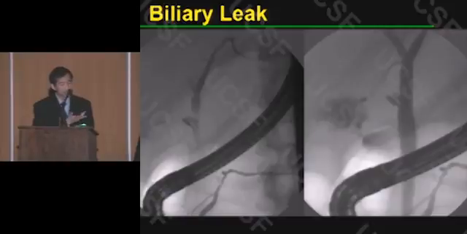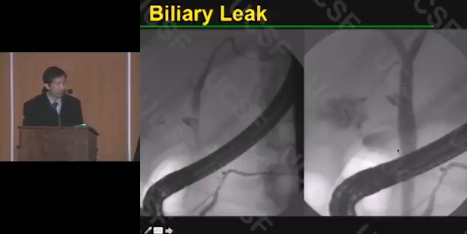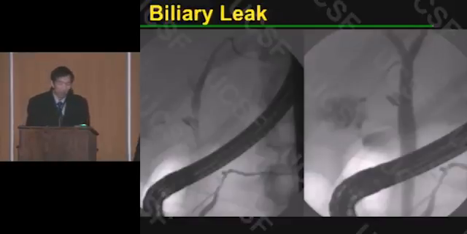And this type of leak can be treated with stenting or, in unusual cases, just put a bile duct stent across and try to improve flow into the common bile duct. May go away on its own, or occasionally will require a partial hepatectomy to cure. But biliary leaks are a constant occurrence with cholecystectomies.